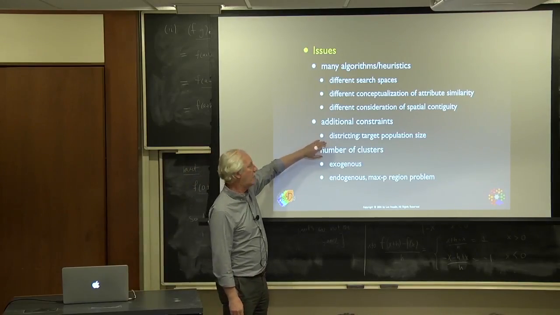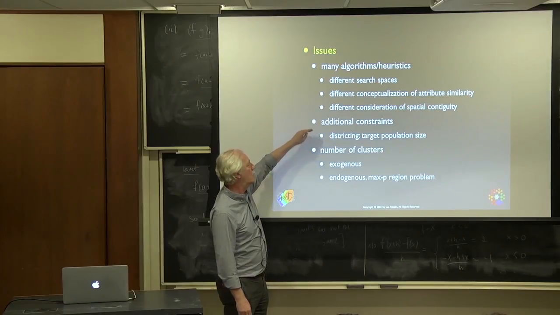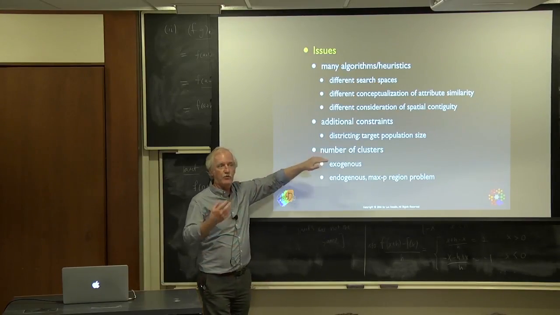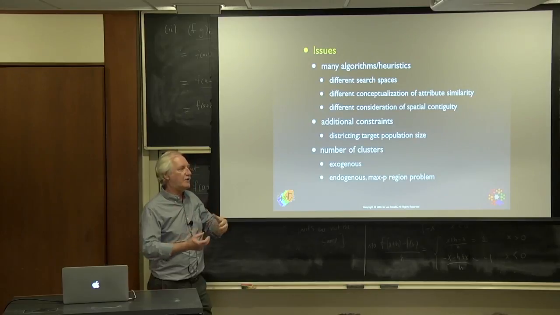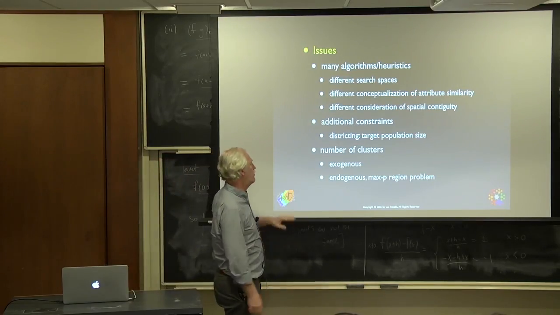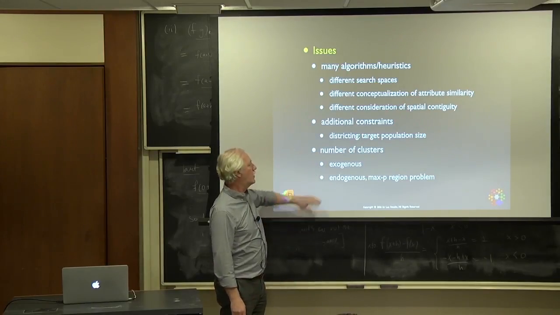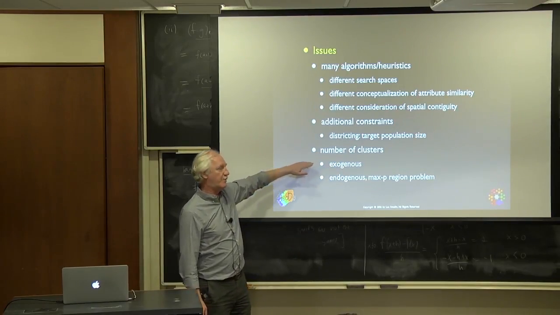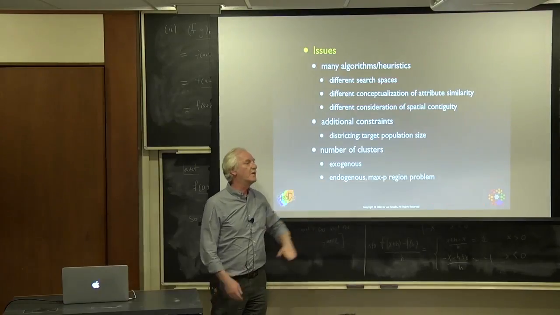Other constraints include a minimum or a target population size, as in redistricting. Or if you want to do a small area analysis and you need to reach a minimum critical value to compute your proportions. The number of clusters is typically exogenous, but it could also be made endogenous.